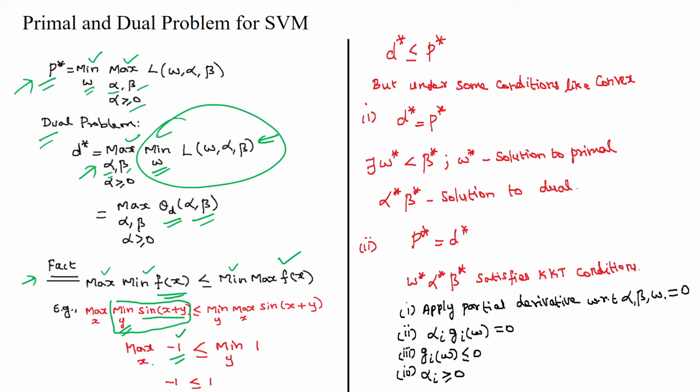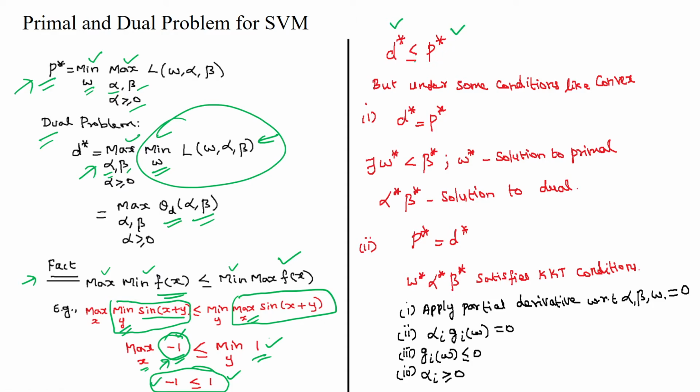So the maximum of -1 with respect to x is -1. And for the greater value, the maximum value of sine is 1. Here the maximum is a constant, so it will be 1. So it is satisfying the condition -1 less than or equal to 1. From this we can say dual problem is less than or equal to primal problem.